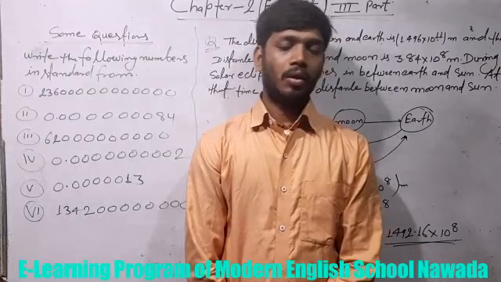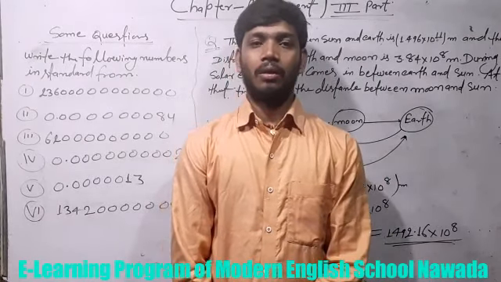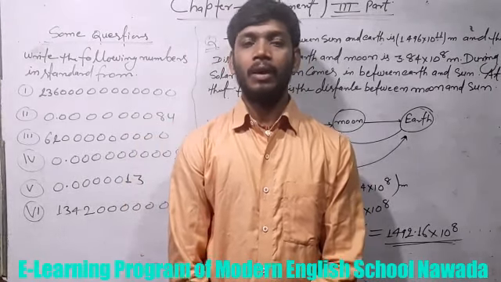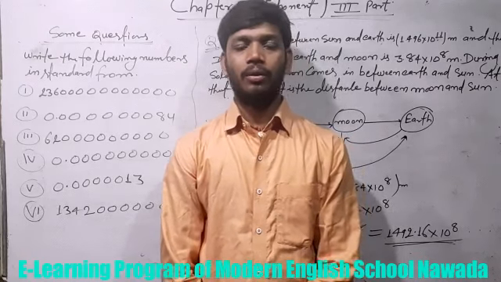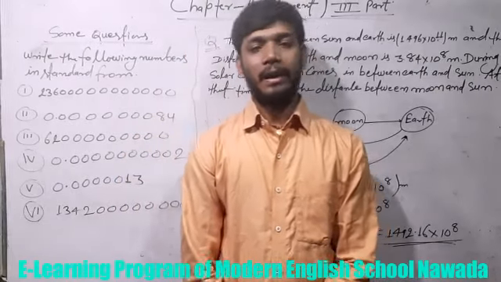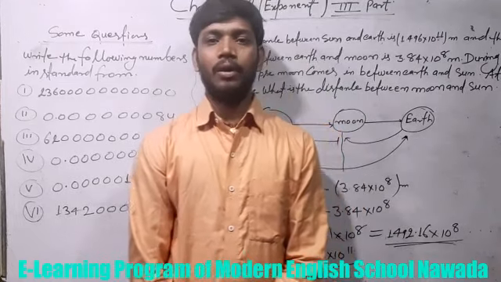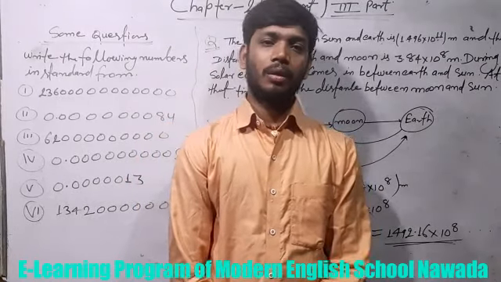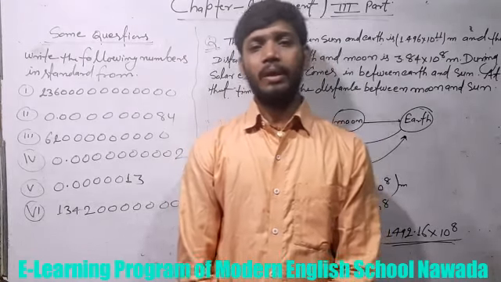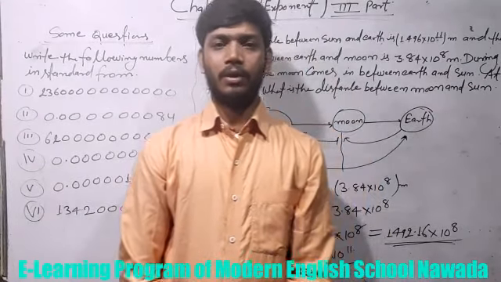In the first part of exponents, you learnt what an exponent is and the rules related to exponents, and in this video you learnt how to write a number in standard form. After that you can complete your exercise. If you have any problem, then contact me. That's all. Thank you.